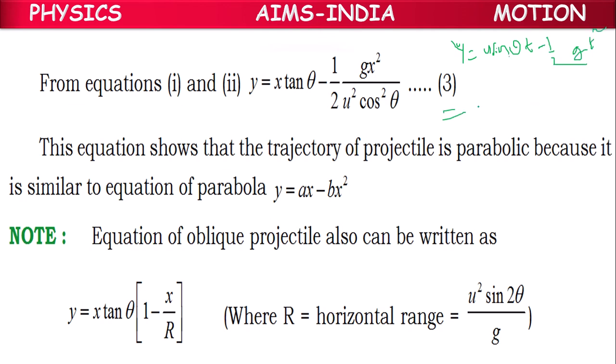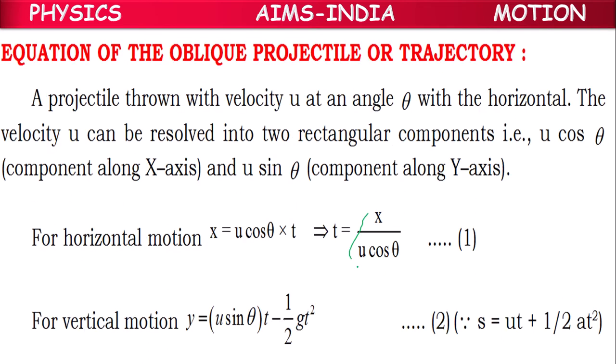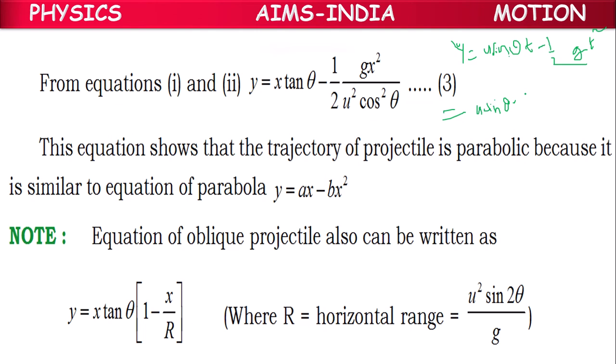Where u sin theta, in the place of t we can write x by u cos theta, minus half g, and in the place of t we can write x by u cos theta whole square.